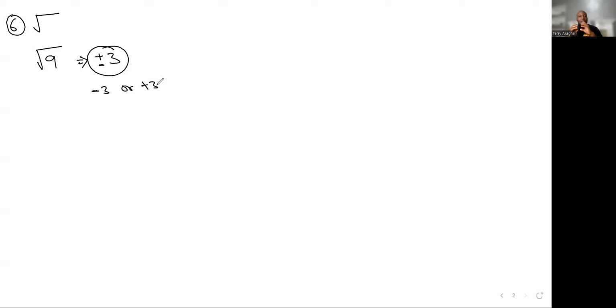So rather than writing it separately, we write it together as plus or minus. So if, for instance, we have square root of 4, the answer is going to be plus or minus 2. So that means either minus 2 satisfies this, or you can say plus 2.